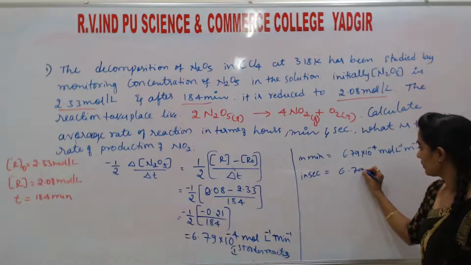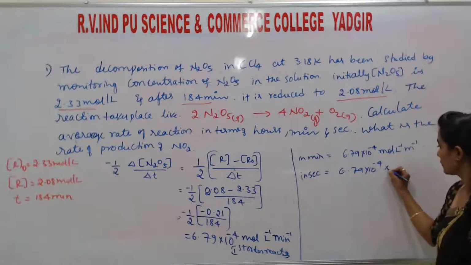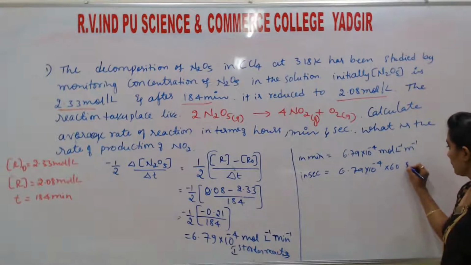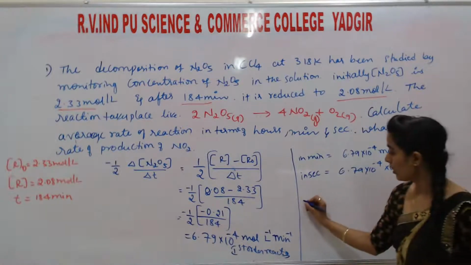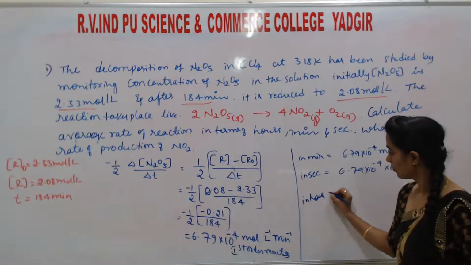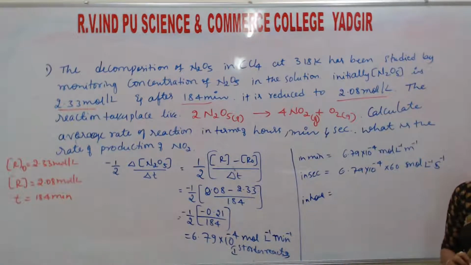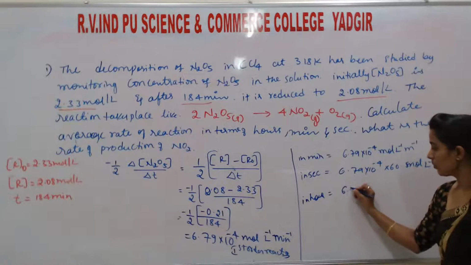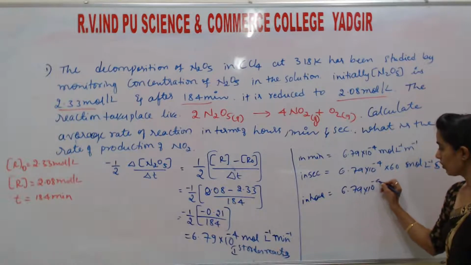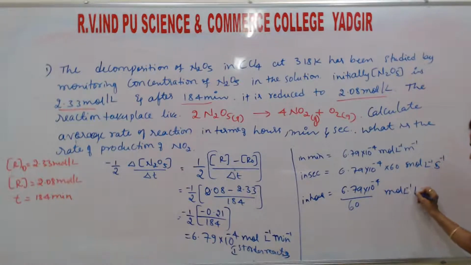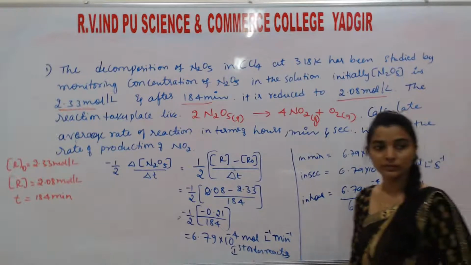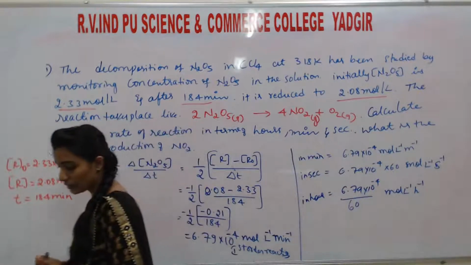So 6.79 into 10 to the power of minus 4 into 60 mole per liter per second. Okay? Next, in hour, what will you do? Divide by 60. So that is 6.79 into 10 to the power of minus 4 divided by 60 mole per liter per hour.